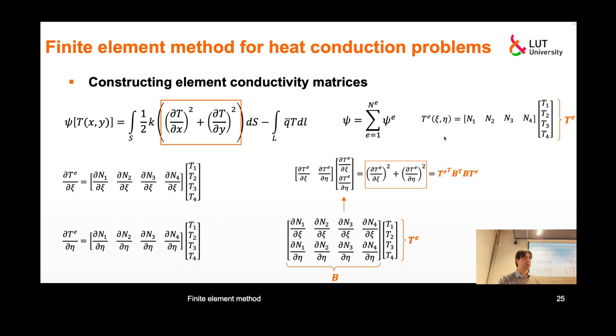So my approximation, in our case it's linear approximation, but the approach is the same. My approximation of temperature within each element leads to some relatively simple equations how I can calculate our functional at each point inside the element, knowing only values of temperature at the nodes, at corner points in our case.